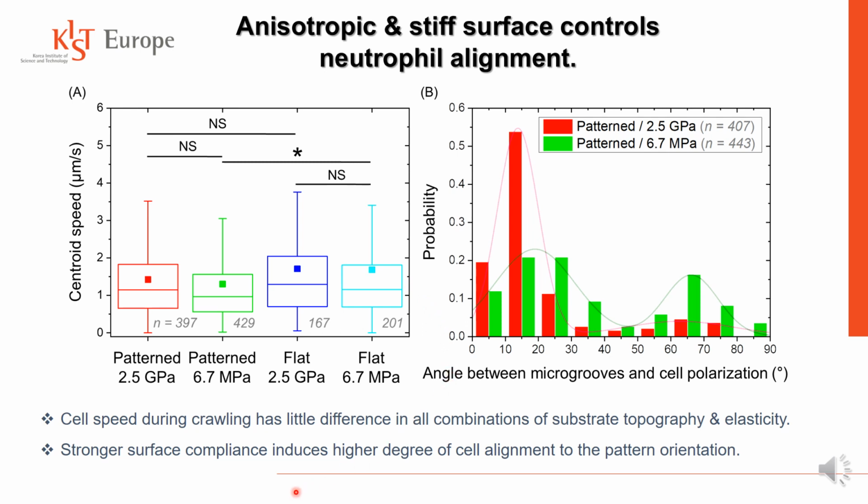On the other hand, if we analyze the cell polarization angles to the direction of substrate patterns, we find that stronger surface compliance induces a higher degree of cell alignment to the pattern orientation.